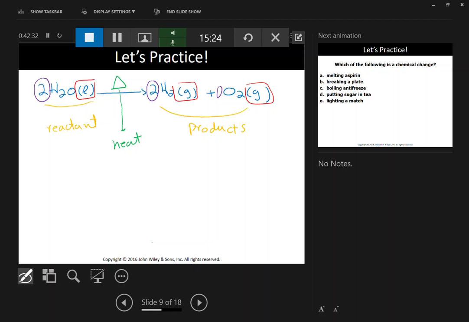It means that if two water molecules decompose, from that decomposition you will get exactly 2 molecules of hydrogen and 1 molecule of oxygen. We will show you later that these coefficients are important for the law of conservation of mass. During a chemical reaction, no mass can be produced or destroyed. So we're going to need to have coefficients to balance our reactions, and we will learn that later on.